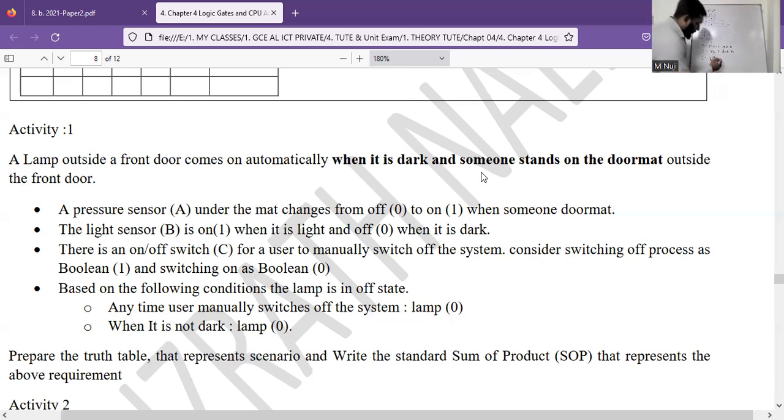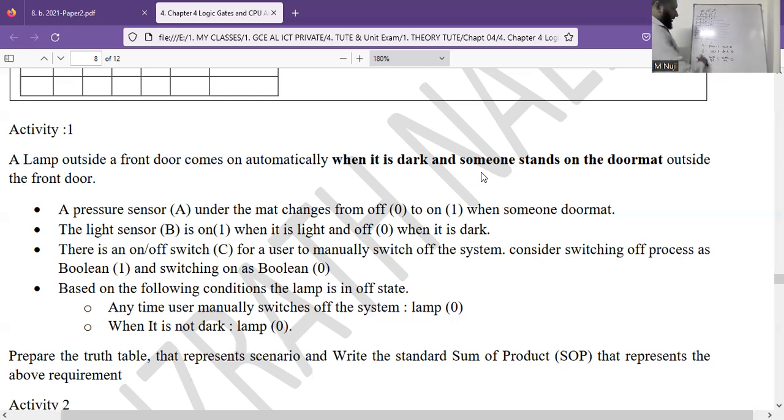You understand? Switch off means 1, switch on means 0. Here, this is a problem. So that's why in these types of questions, you must read carefully and underline the important points. Okay, my dear students, let's see.